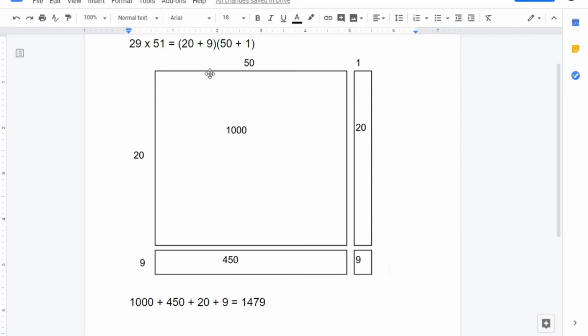But sometimes some people, you know, they think differently, and so 29 is not really easy for them. So another thing you can do is, instead of thinking of 29 as 20 plus 9, you can think of it as 30 minus 1.